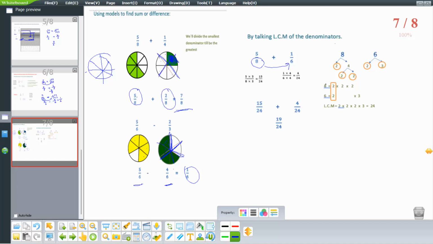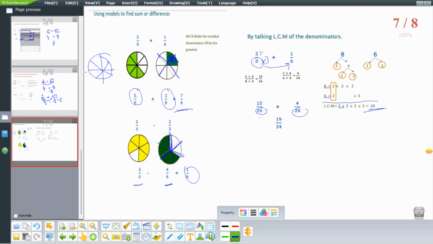So 8 and 6, the common number is 2. So we are going to find the LCM. That is 2 times 2 times 2 times 3 equals 24. So the common denominator now is 24 and 24. So for 8 to be 24, we will multiply by 3.